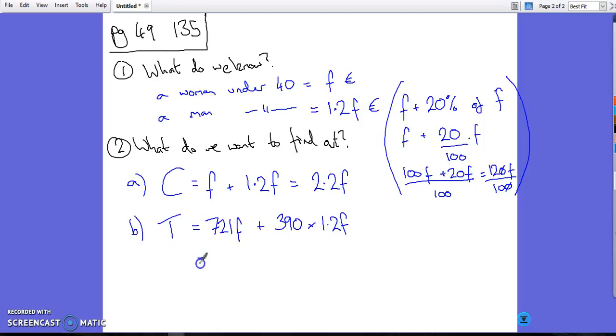And of course, we can simplify this. 721F plus 390 times 1.2 is 468F, plus the 721F is a grand total of 1,189 times F, which is obviously the price they decide to charge for the women's policy.